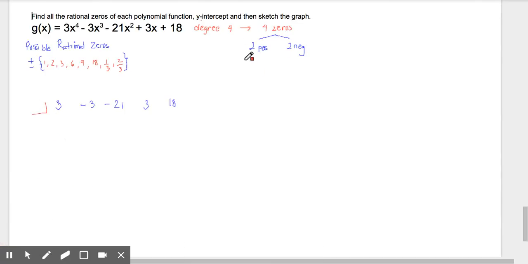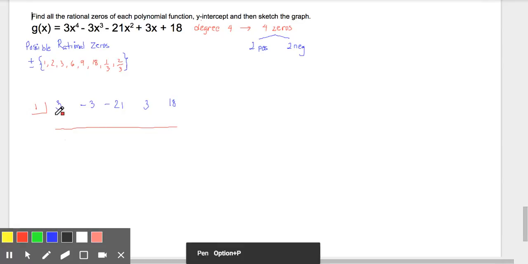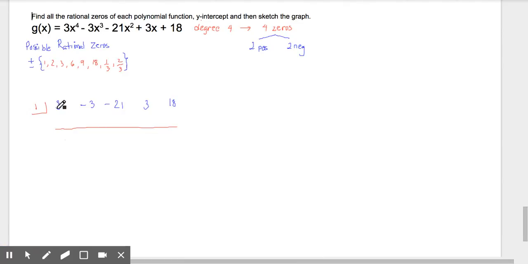Okay, so we have two positives and two negatives. So let's start off with some positive numbers. So let's start with 1. Is 1 a 0 of g of x? So let's find out. First thing we do is bring down the 3.